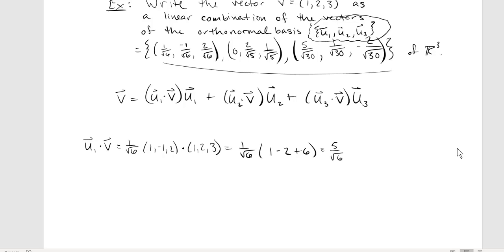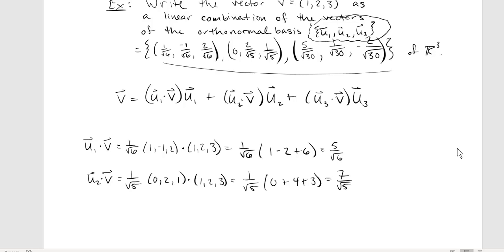What else do I get here? u2 dot v. Again, I'll pull out that scalar 1 over root 5 from the u2 vector, leaving 0, 2, 1, dotted with 1, 2, 3. We'll go pretty quick through this: 0 plus 4 plus 3 is 7 over root 5. I'm not worried about rationalizing these denominators. That's fine with me to leave those.